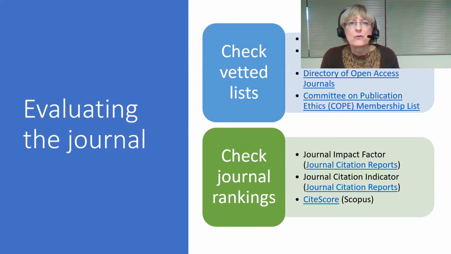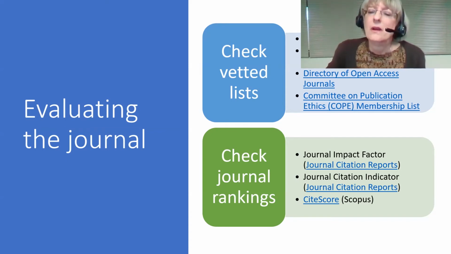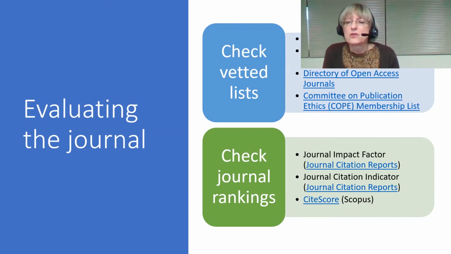Certainly if you're getting a journal from the Elsevier journal recommender or one of the main publishers, you can assume that's a good journal because they only publish legitimate journals. But you can check Scopus or Web of Science to see if a journal is indexed in there. Both Scopus and Web of Science have standards that journals have to meet in order to be indexed in that database.